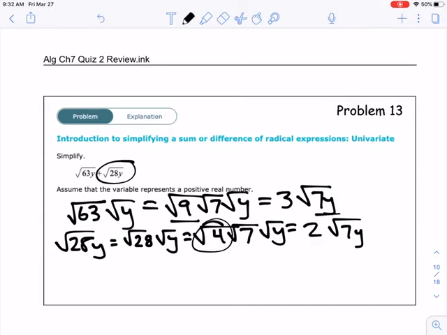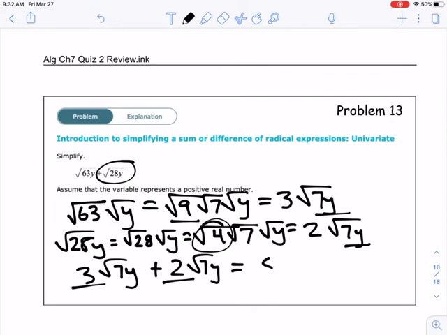If the radicands, in other words, the values that are under the radical sign, are the same, then you've got this plus this. That means you can just take this number and add them up. So you get 5 times this.